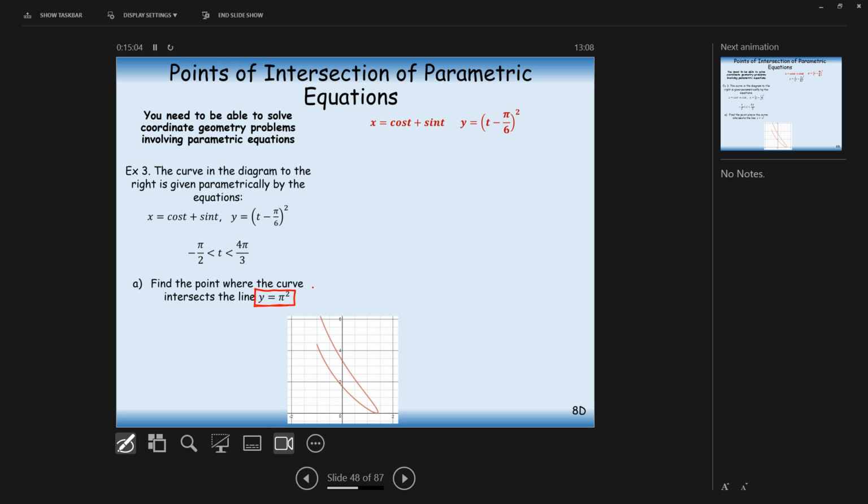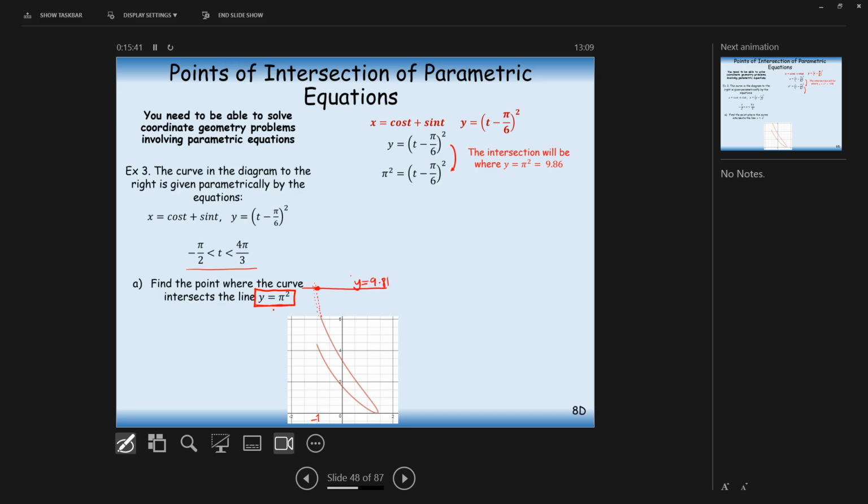What you notice from the graph of this equation is that the bounds for t make the x value go only to -1 here, and the value of pi squared is 9.86.